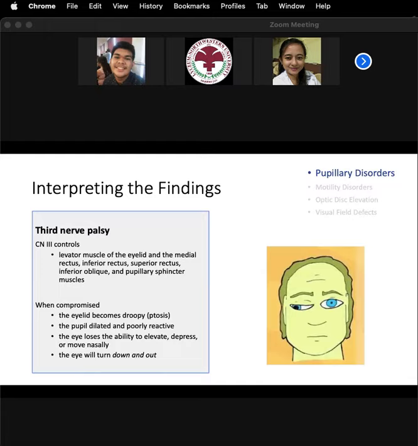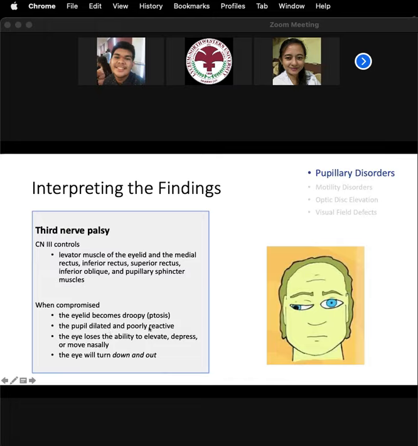Third nerve palsy, or cranial nerve 3 palsy. We know that cranial nerve 3 exerts control over most of the eye muscles. So when compromised, the following will result. The eyelid becomes droopy, called ptosis.